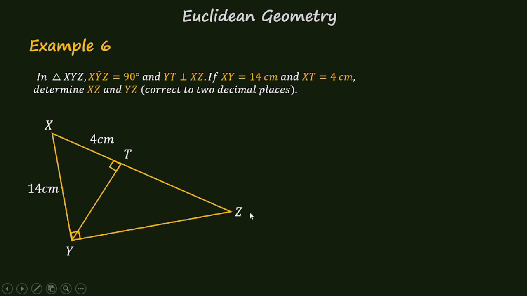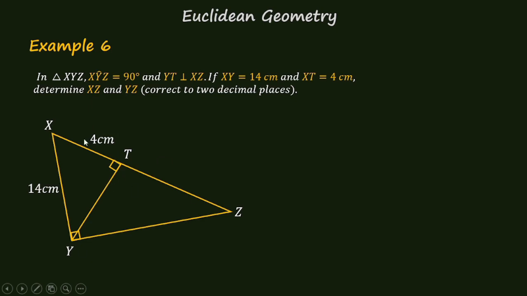This is the only thing that you need in order to be able to write those similar triangles. But we have also been given extra information that XY is 14 centimeters, XT is 4 centimeters. And they want us to determine the length of XZ and the length of YZ.